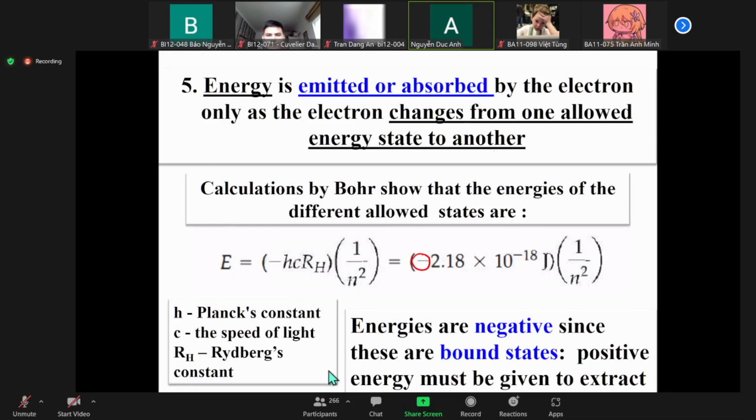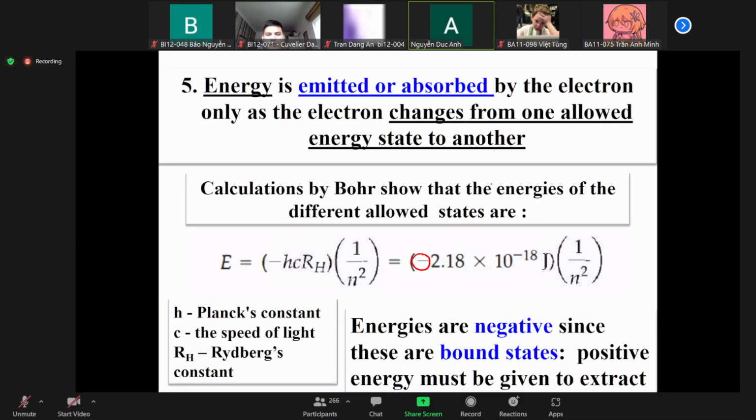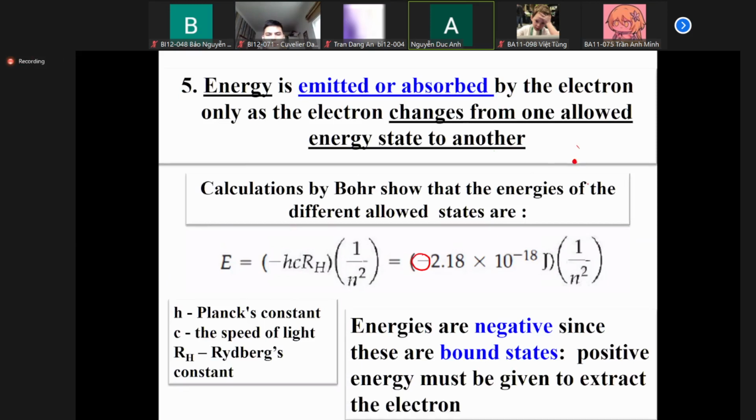the energy of the state. Normally electrons staying on one allowed state are held by the nucleus. All the vectors of energy of the electrons are pointing into the nucleus. So electrons will have the vector of energy pointing to the nucleus.